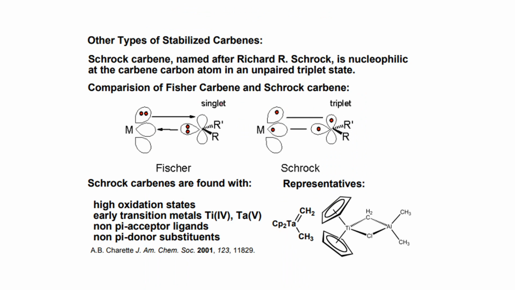Now, for Schrock carbene, that was named after Richard Schrock. So it is a nucleophilic carbon. So the carbon, what we were just talking about regarding that proposition, the options actually. Carbon atoms need the triplet for a Schrock carbene.